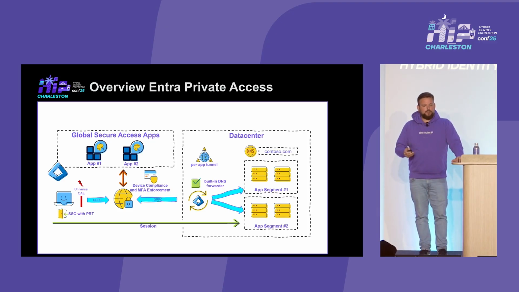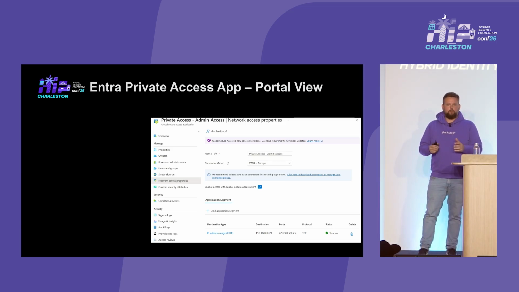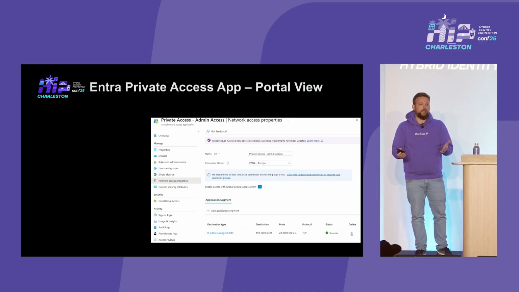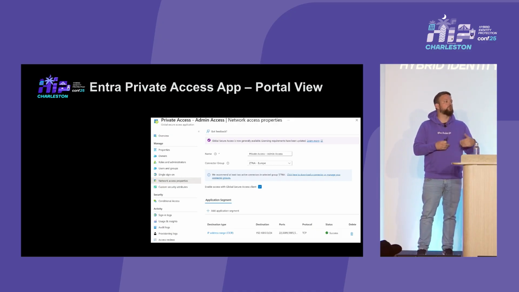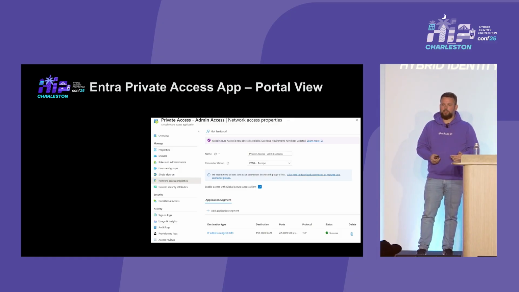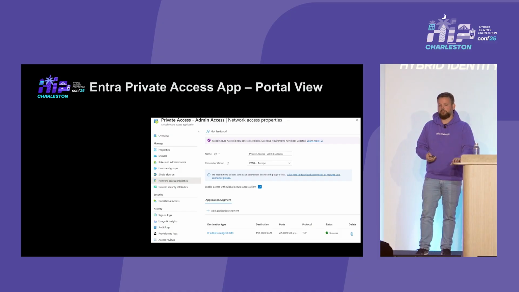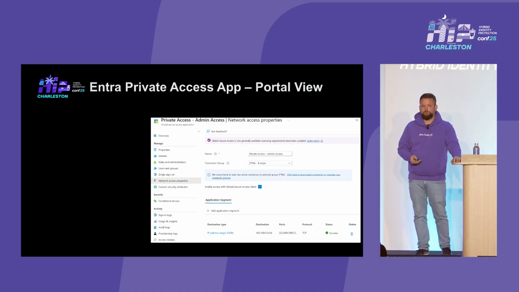And when we switch to the admin view, you see something very common for all Entra admins. An app that is used in Entra Private Access looks like every other app. But we have a new section. It's called Network Access Properties.